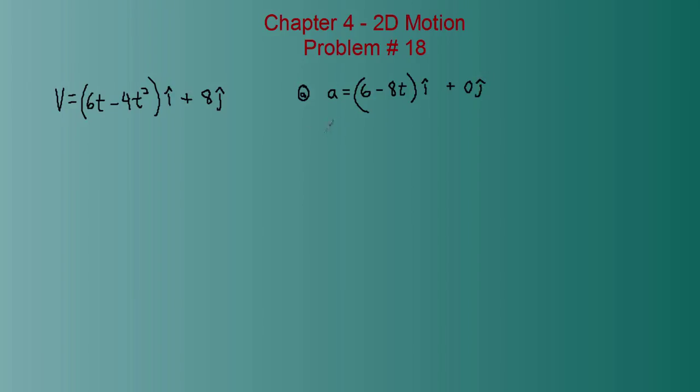Then it asks us for actually at 3 seconds, so a of 3. That's 6 minus 8 times 3 in the x direction, plus 0. And that equals negative 18, actually, meters per second squared in the x direction.